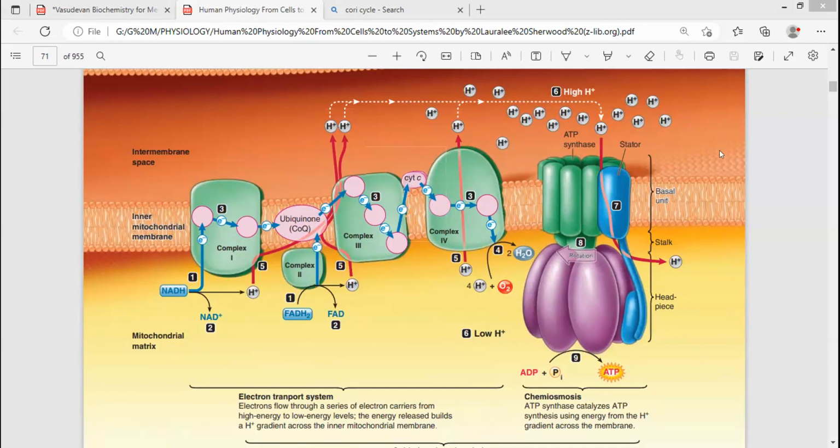If something has moved from NAD plus to NADH, has it been oxidized or has it been reduced? It had a plus charge, but then we've moved it to become a neutral molecule. Would we say that is oxidation or reduction?